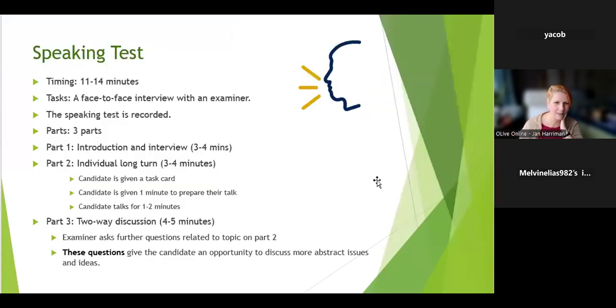And then the speaking test is the end of the road. And I showed you the examples, right? We've got all the parts of it, and so how they build in complexity. All right.